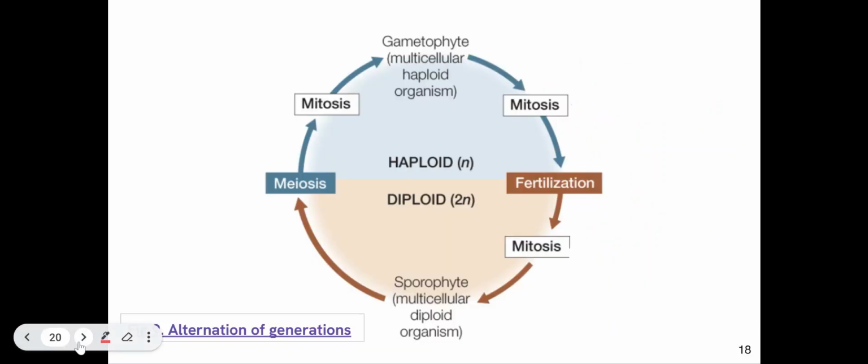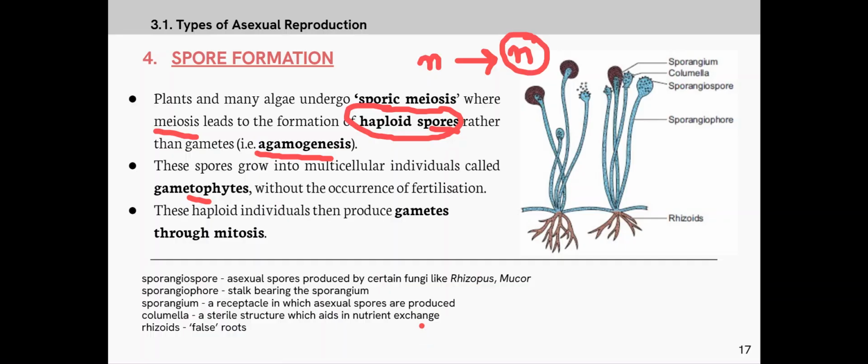I will explain what is actually happening over here. As you can see, the multicellular diploid organism is bearing the sporophytic body. If I have to show you, this is Rhizopus. The structure of Rhizopus, this is the sporangiophore, that means the stalk bearing the sporangium.